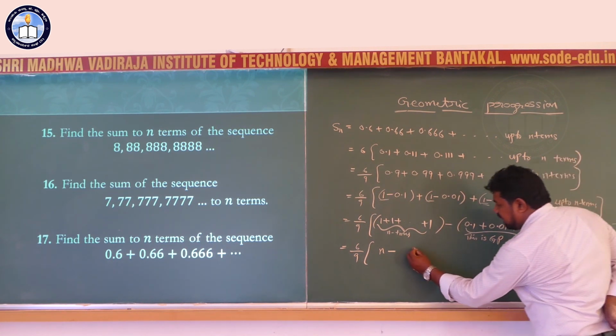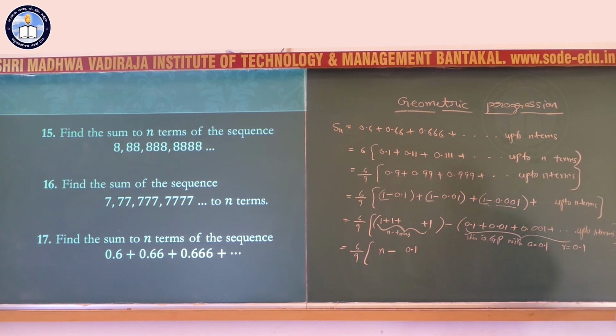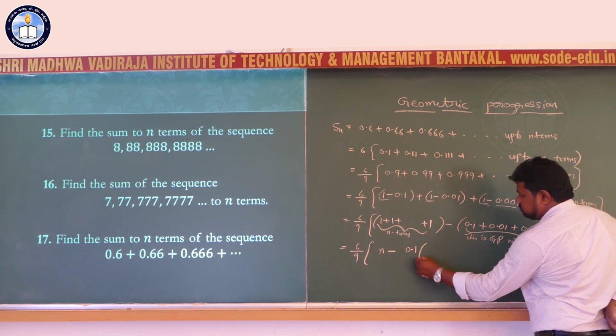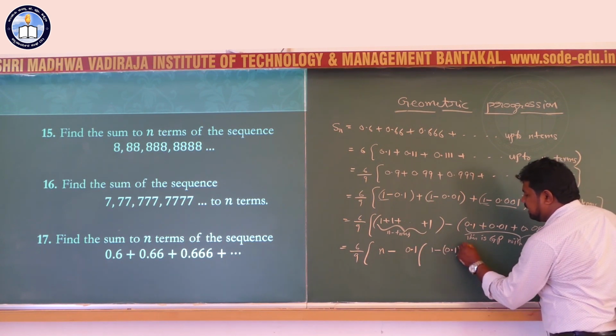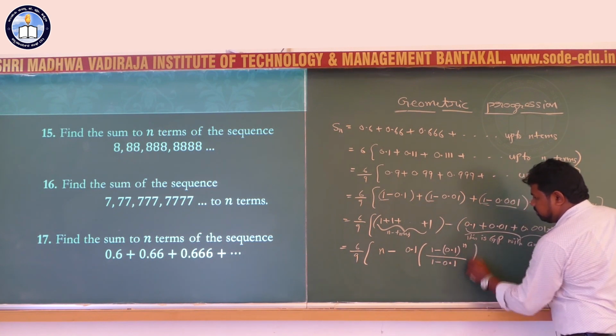I use that formula with a as 0.1, into 1 minus 0.1 power n divided by 1 minus 0.1.